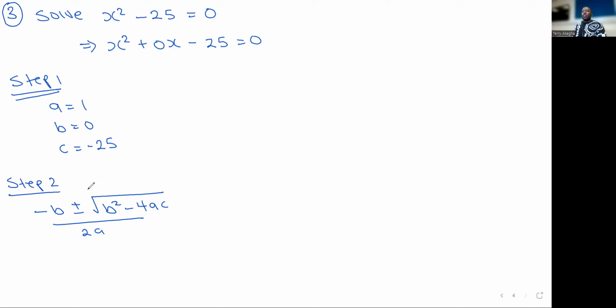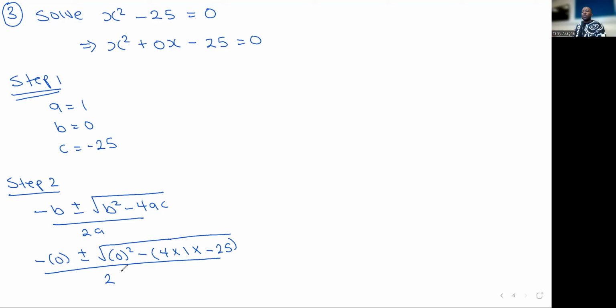So we substitute it. Our B is 0, so it's going to be minus 0 plus or minus square root of 0 squared minus 4 times 1 times minus 25, divided by 2 times A, which is 1.